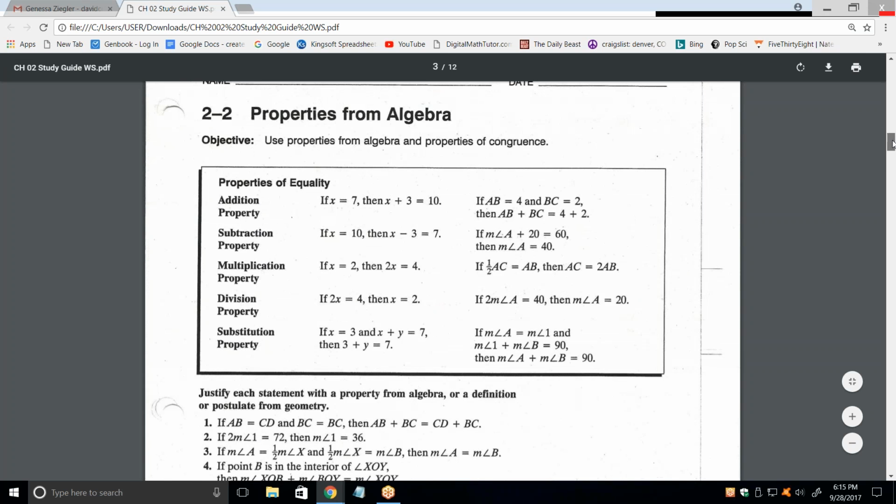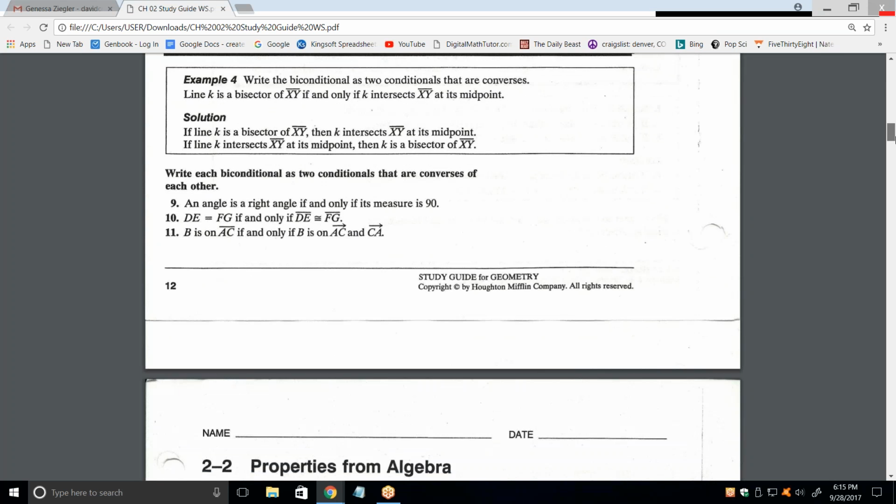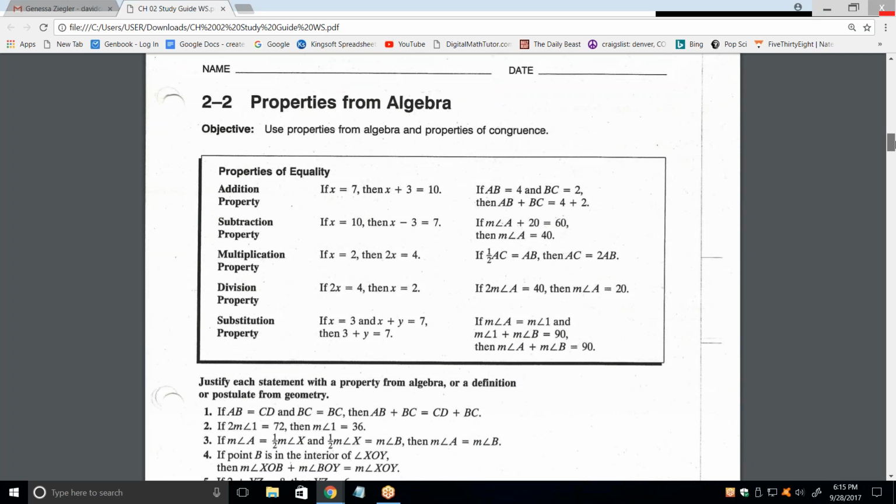What's the difference between those two? Well, that's a good question. I'm not sure. I've always hated this terminology. Not that that's an excuse, but let's see. What does it say about substitution? If x equals 3 and x plus y equals 7, then 3 plus y equals 7.